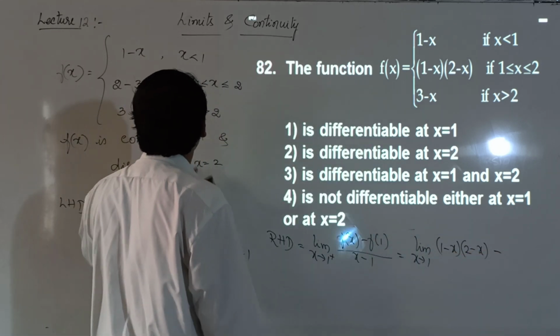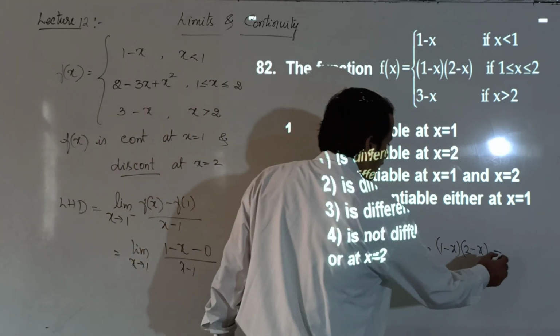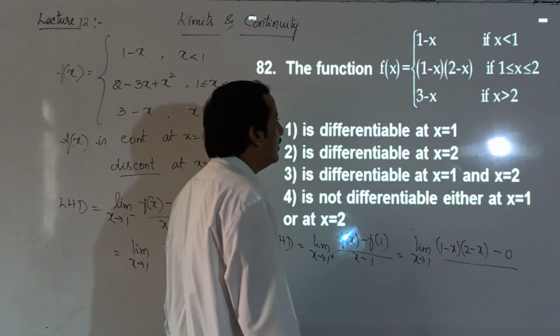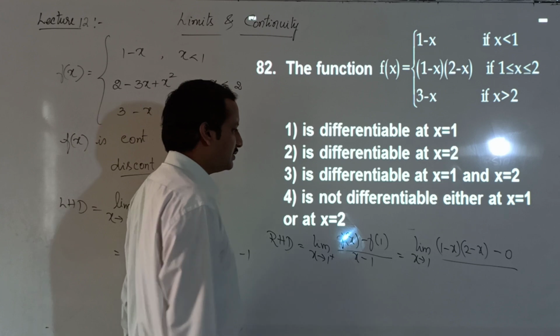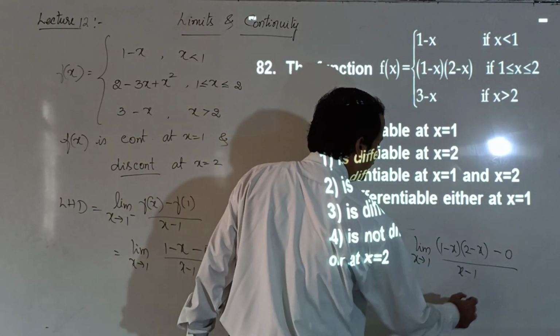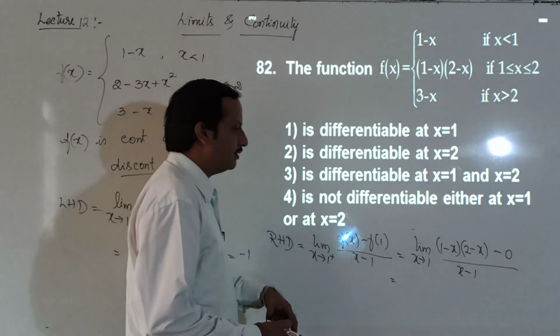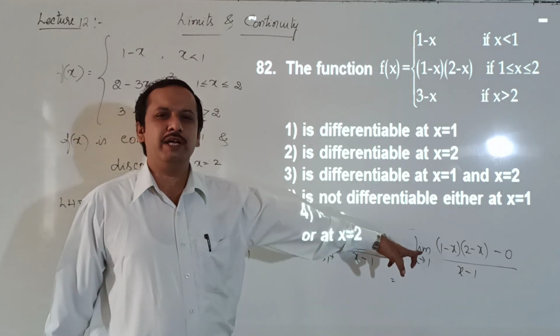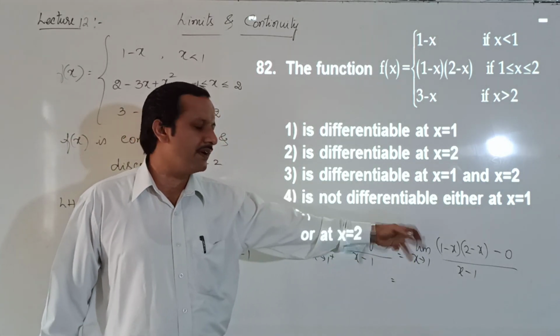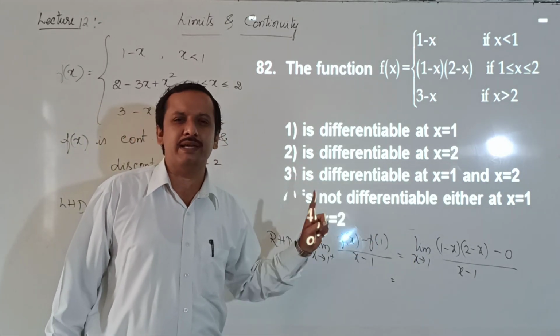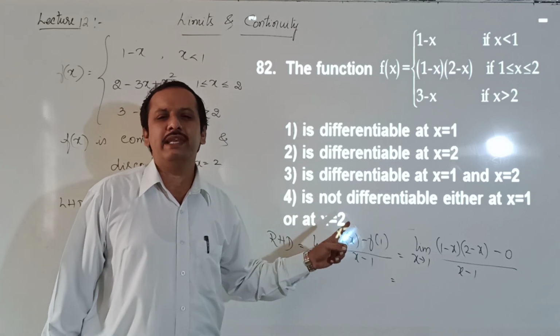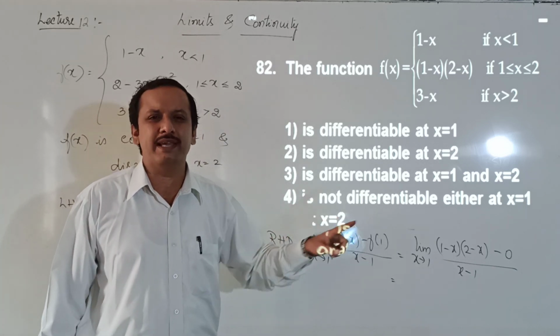Minus f of 1, what is f of 1? 0, divided by x minus 1 in the denominator. What happens now? Numerator is 1 minus x into 2 minus x. Denominator is x minus 1. If I cancel, 1 minus x over x minus 1 gives minus 1, which will remain. Minus 1 into 2 minus x will become x minus 2.